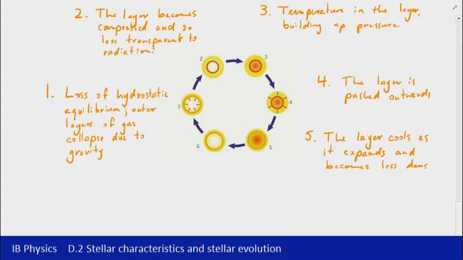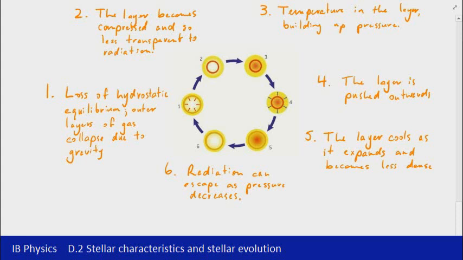And with that last step, step 6, with a decrease in density, radiation can now escape again as the pressure decreases. And then we end up back at the start, where with that decrease in pressure we end up with a loss of hydrostatic equilibrium, and so the cycle repeats.